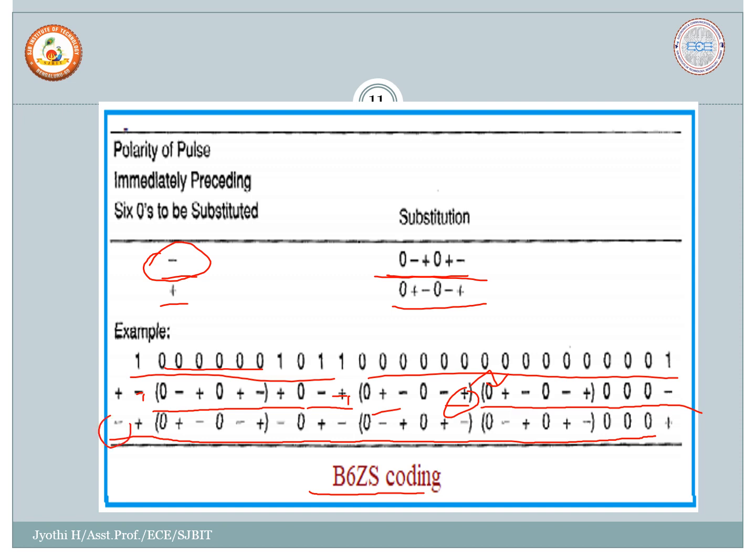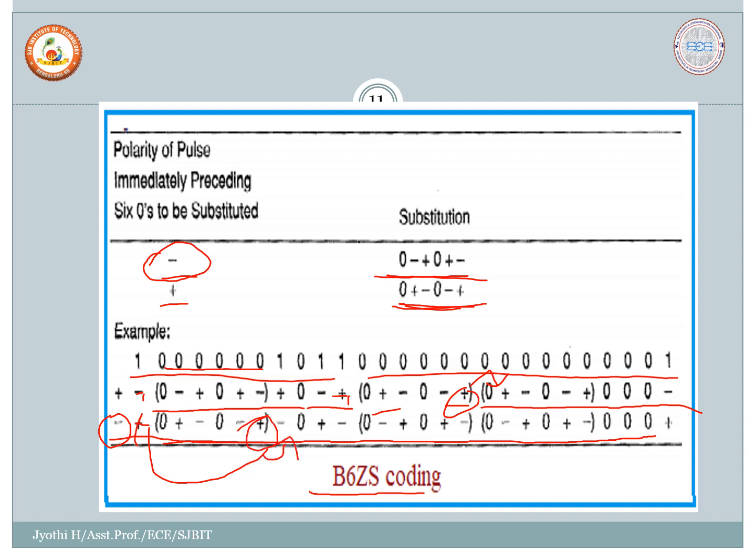So if you are going to consider it as negative, then it is 0 plus minus 0 minus plus. Okay, so the negative and this bit as positive, then it is 0 plus minus 0 minus plus, and it is going to follow as the invert of it. So the earlier bit is negative, and here after 1, here we are receiving positive.